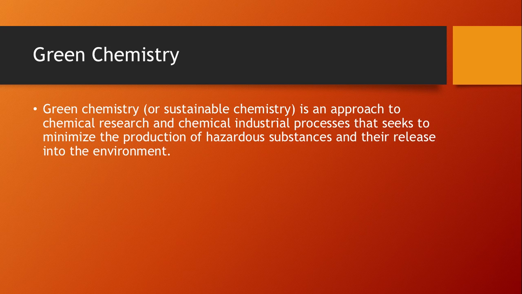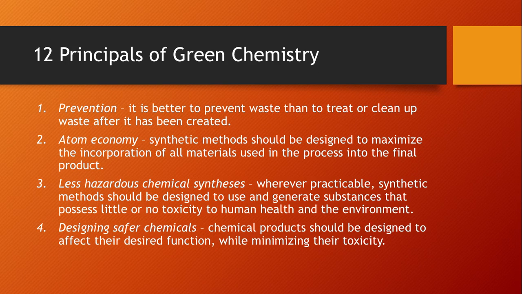So this all leads to what has been promoted as green chemistry or sustainable chemistry. It's an approach to chemical research and chemical industrial processes that seeks to minimize the production of hazardous substances and their release into the environment. So there are 12 principles of green chemistry, which you can see there.